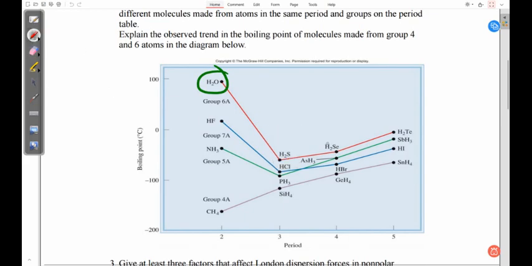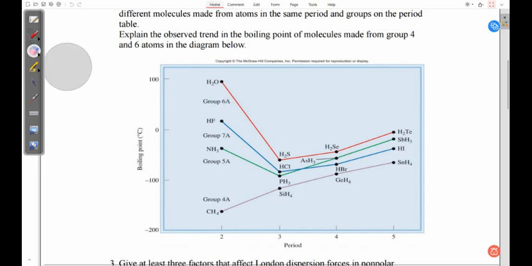Possibly even all these other ones have got dipole, right? Because this is group 6, and group 6 with hydrogen will give us the dipole to dipole interactions. So the dipole to dipole forces exist in these others, and then there's hydrogen bonding in water.